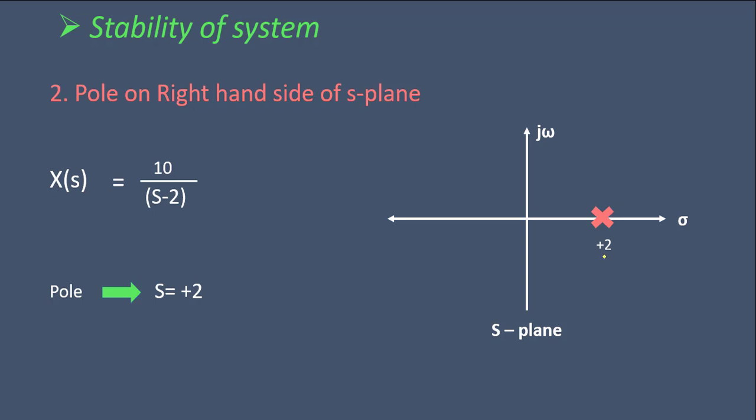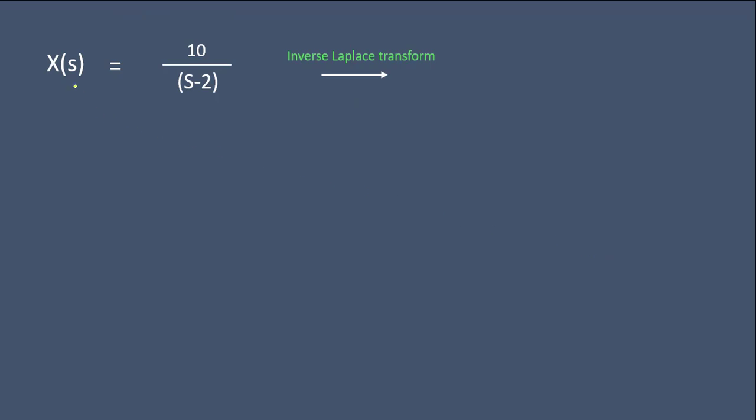Now to comment about the stability, let us find its inverse Laplace, that is x of t, and first we will plot x of t and then we can comment about the stability of the system. My transfer function was X of s, which was 10 upon s minus 2. Its inverse Laplace will be x of t equals 10 e raised to plus 2t u of t.